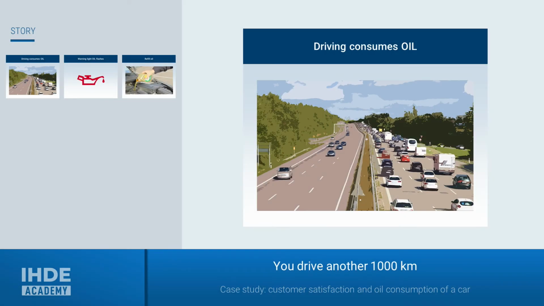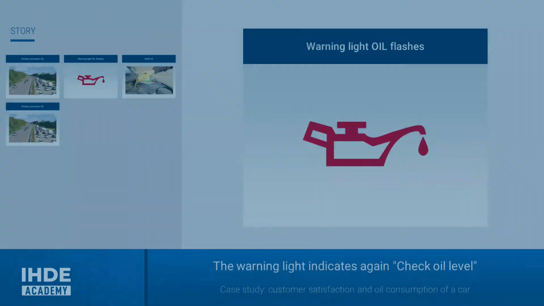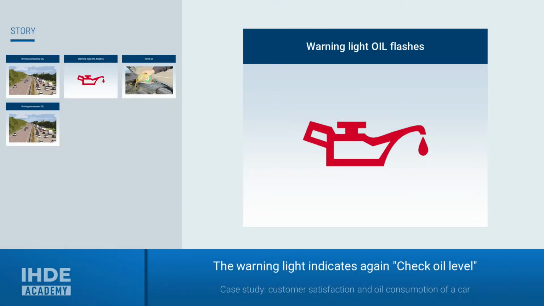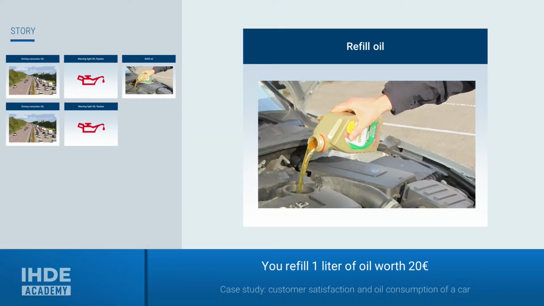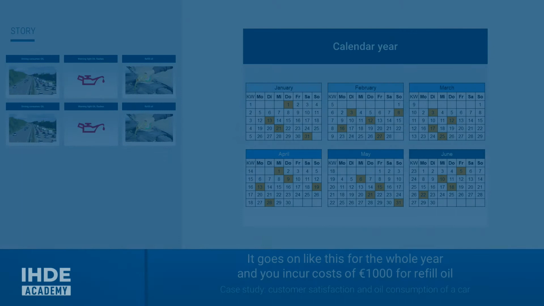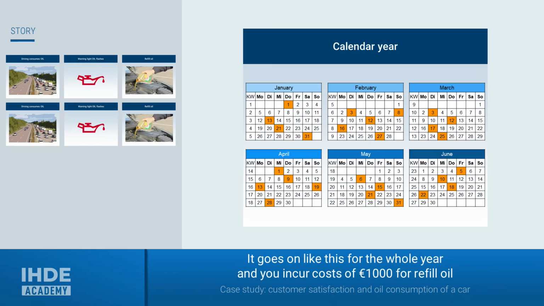Then you continue your journey, and after you have driven another 1000 kilometers, at some point, the same thing happens again. The low oil warning light comes on again. So you drive to the next gas station and again refill 1 liter of engine oil worth 20 euros. And so it goes on and on, unfortunately with a nice regularity.